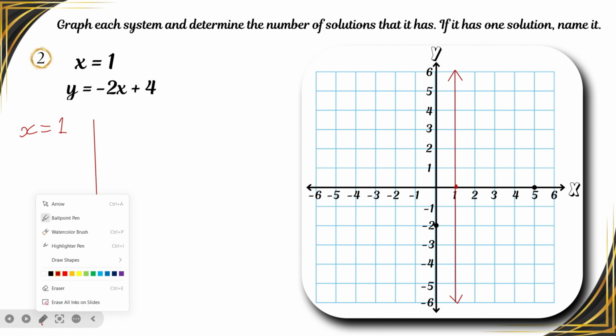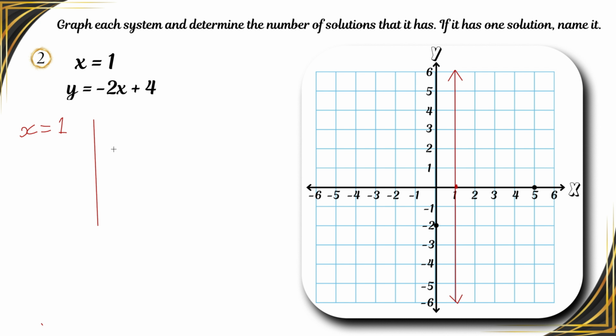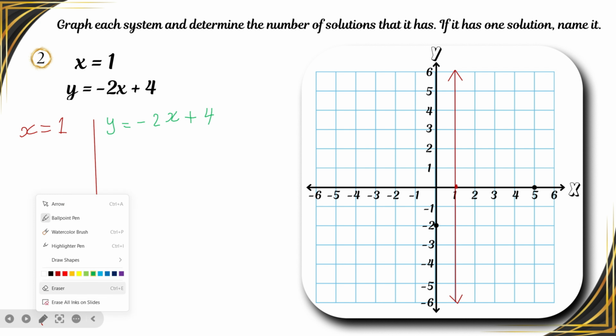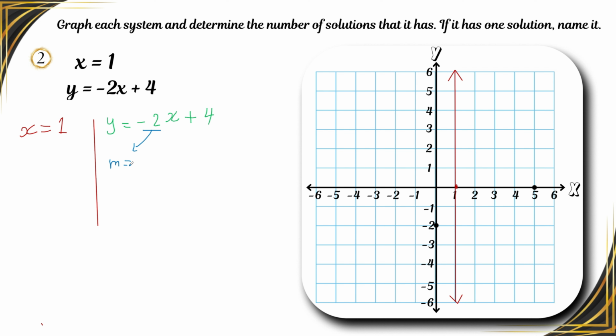Okay, what about the second one? The second one, y equals negative 2x plus 4. If you can see this, the slope here will be negative 2 and the y-intercept here will be 4. Then we start from y-intercept 4, this point, your start point. Now write the slope as a fraction like we said before.